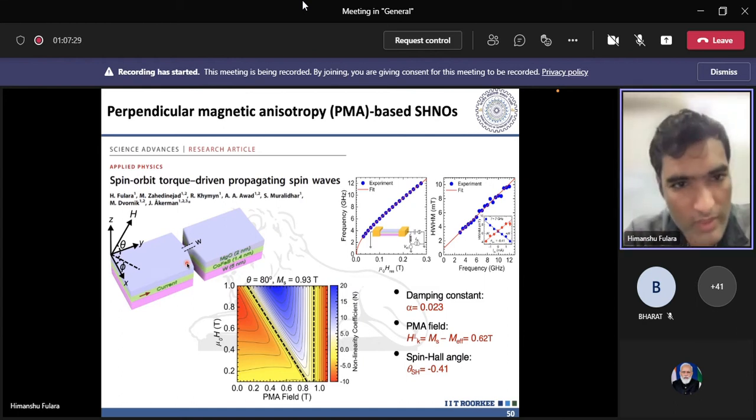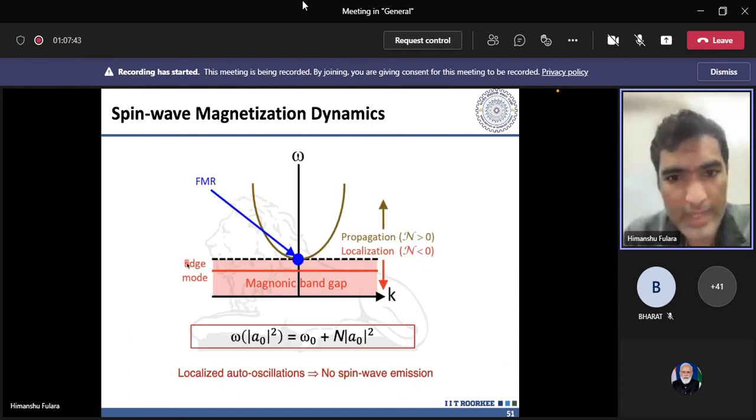So you are not able to convert 100% of the charge current, but even so, 0.41 is considered a good spin Hall angle. We obtained this spin Hall angle with the experiment, and I will explain this part later.